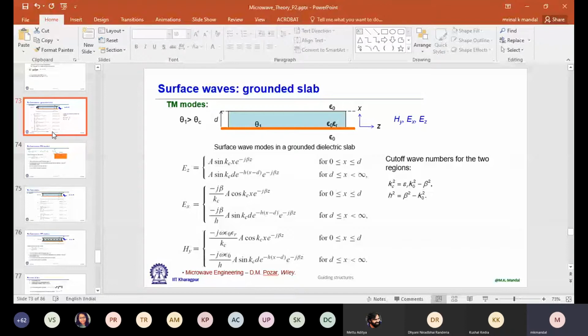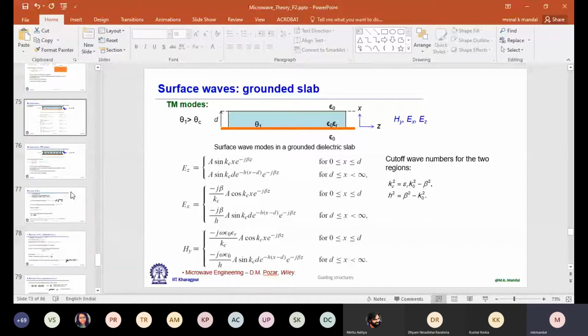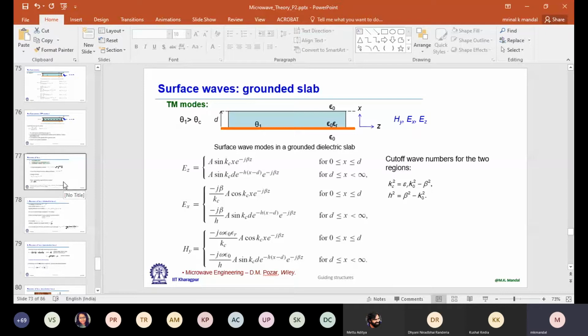And we also concluded that for some of the guiding structures, some of the surface wave modes are important. For example, for microstrip line, the TM0 mode creates the problem. And I think all of you have gone through it and understood why it creates problem for microstrip line.